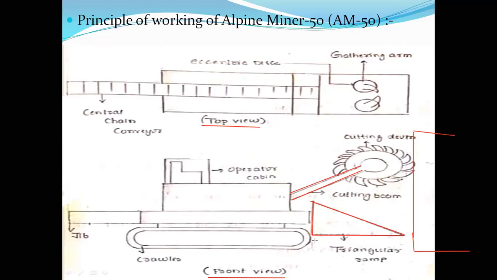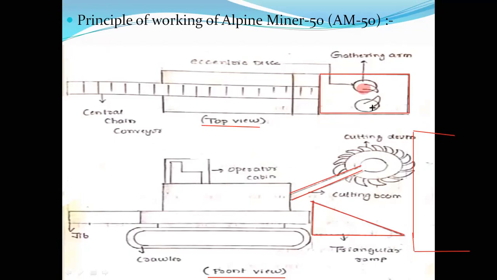Look here in the plan, the triangular portion. It consists of gathering arms, which is why it is called a gathering arm loader.